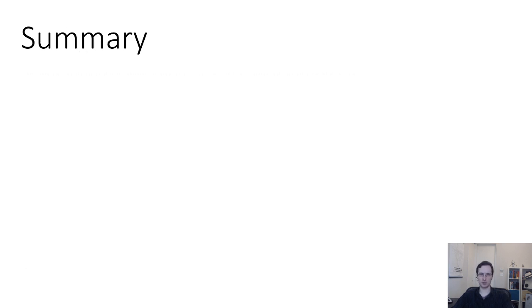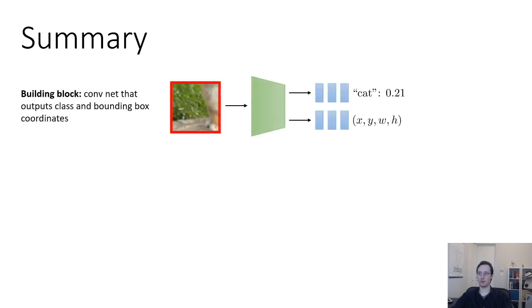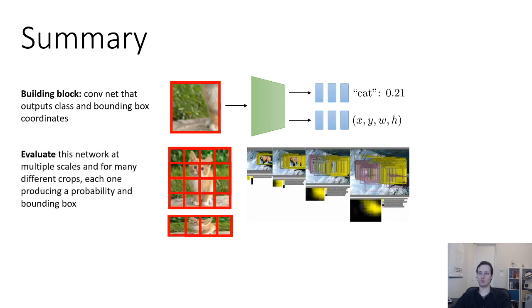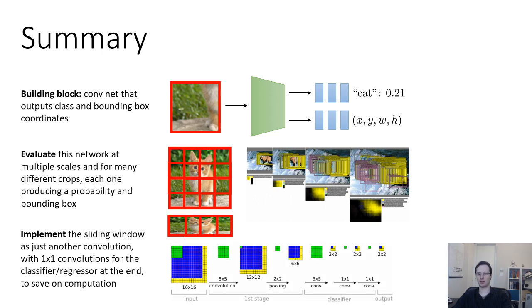All right, so to summarize, the building block for our localization system is a convnet that outputs a class and a bounding box coordinate. We can evaluate this network at multiple scales and for many different crops, each one producing a probability and a bounding box. And we can implement the sliding window as just another convolution without having to recompute all the activations at every single position by using these 1 by 1 convolutions.